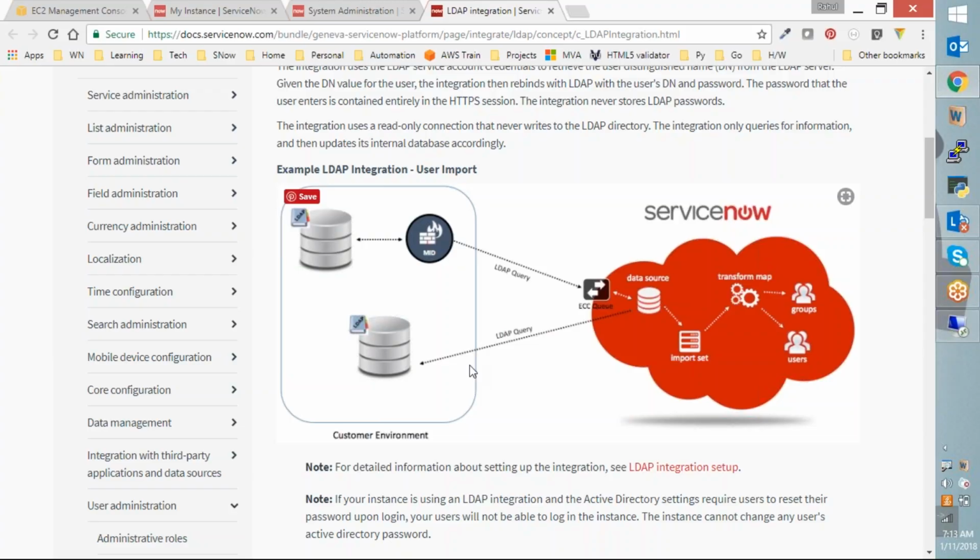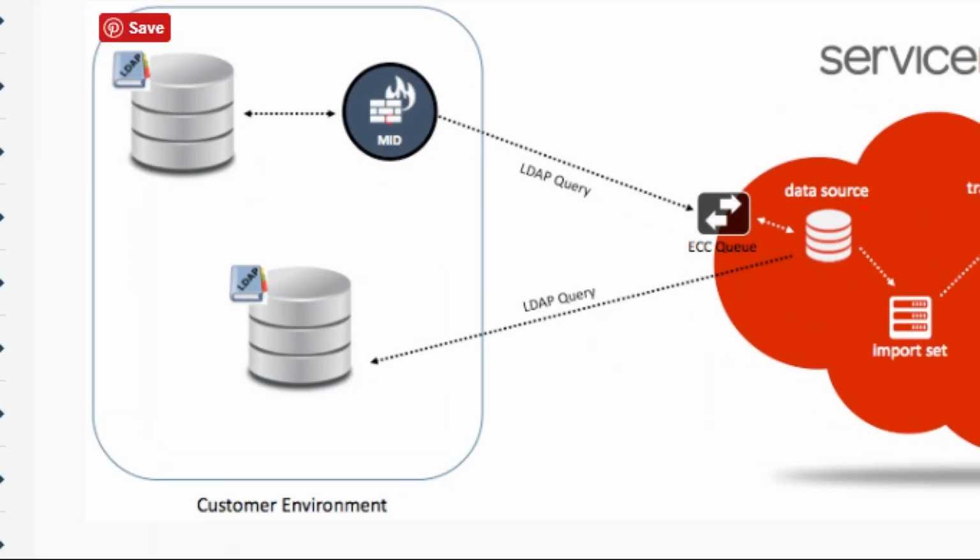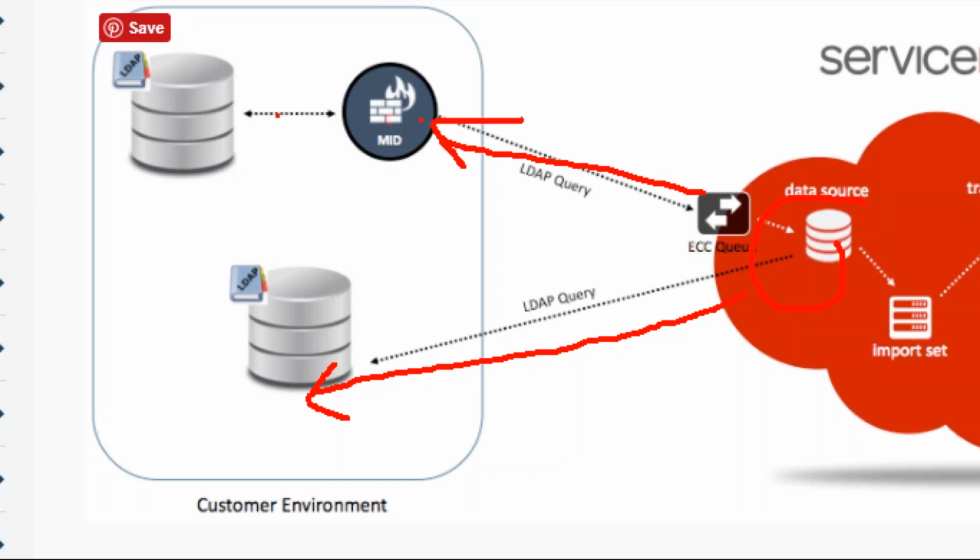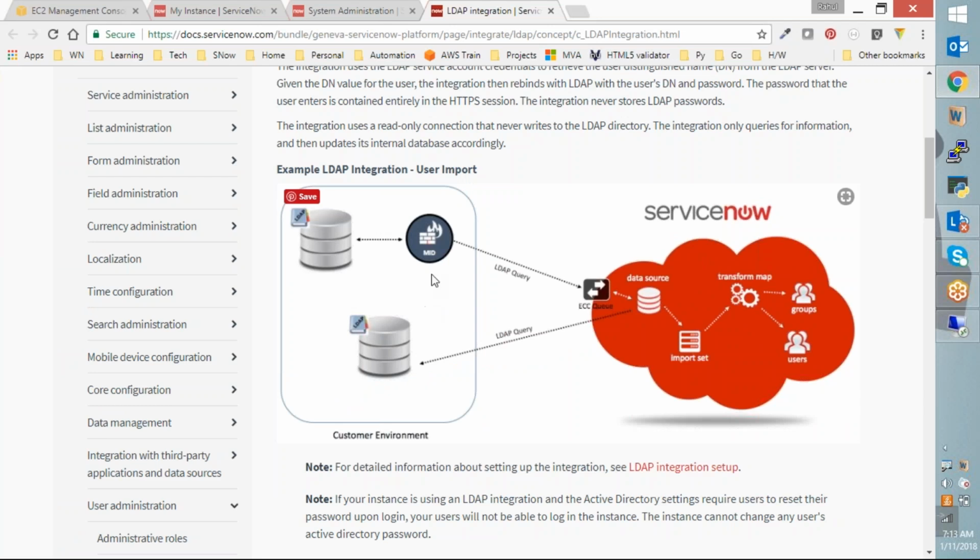From this data source, the LDAP query is getting done directly, with no MID server involvement. But in the diagram, the query is made using a MID server, which shows that there may be some sort of firewall in place, for which you need the MID server to access the items from the customer environment.